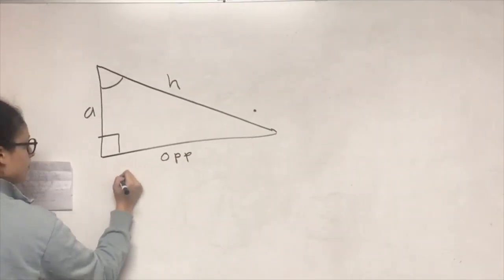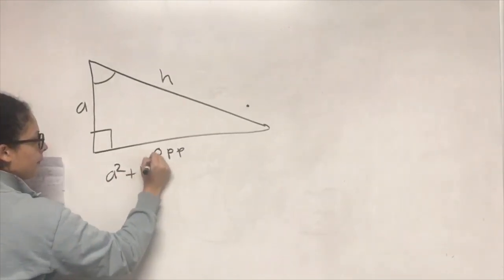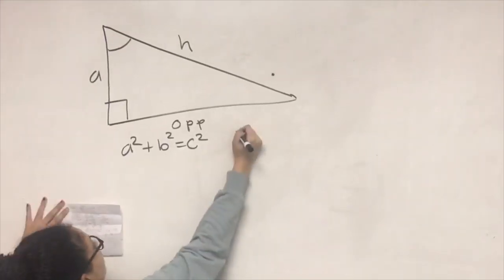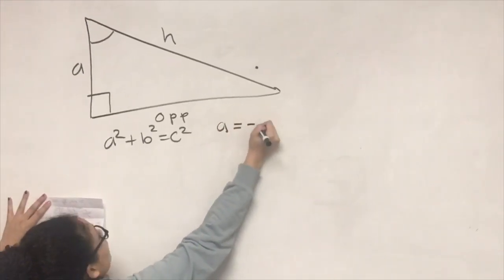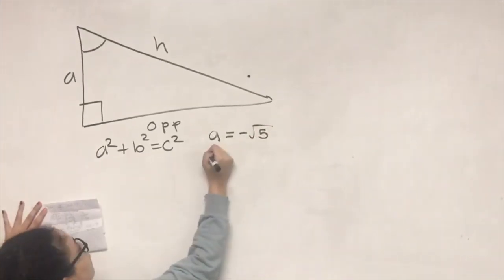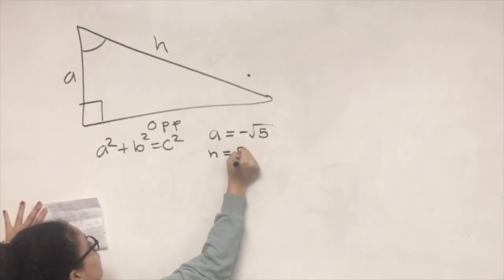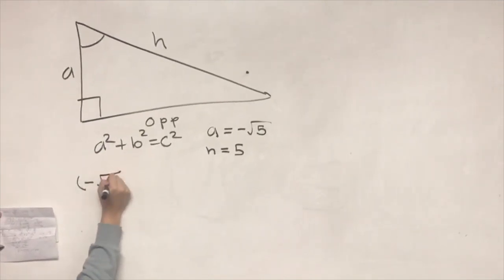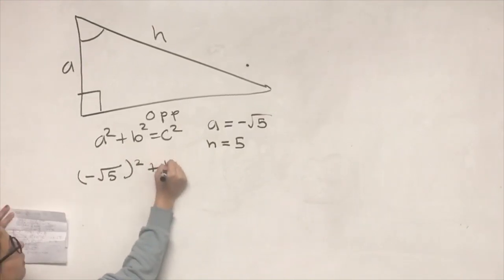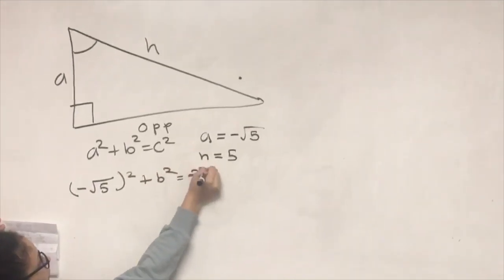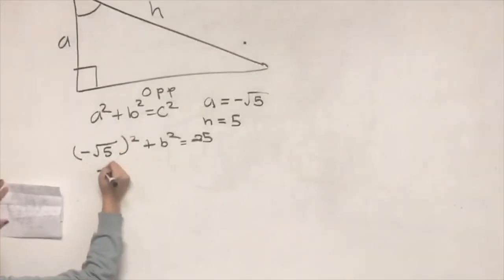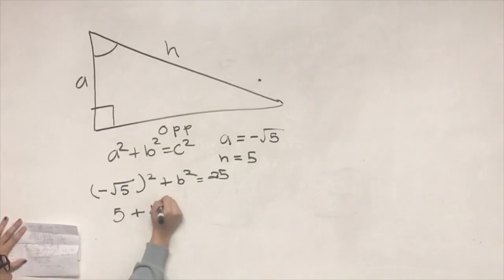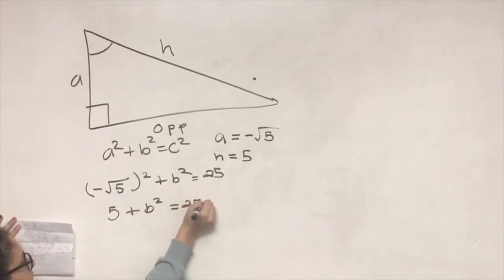And you're also going to need to know the Pythagorean theorem, which is a squared plus b squared equals c squared. A in this case equals negative square root of 5, and c equals 5. So if you plug these in, you get negative square root of 5 squared plus b squared equals 5 squared, which equals 25, which gives you 5 plus b squared equals 25.